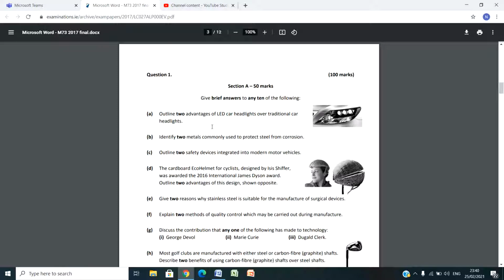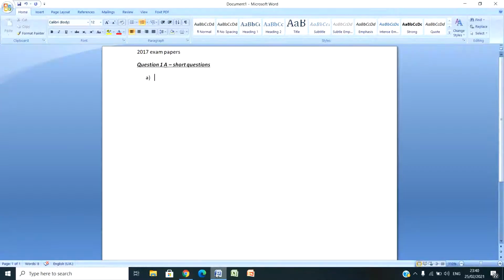Anyone that has used LEDs will know they are a lot lighter, so they're lightweight. They're a lot smaller, so they're smaller and more compact.